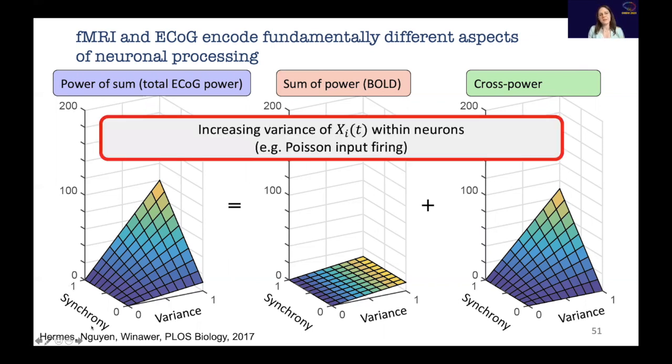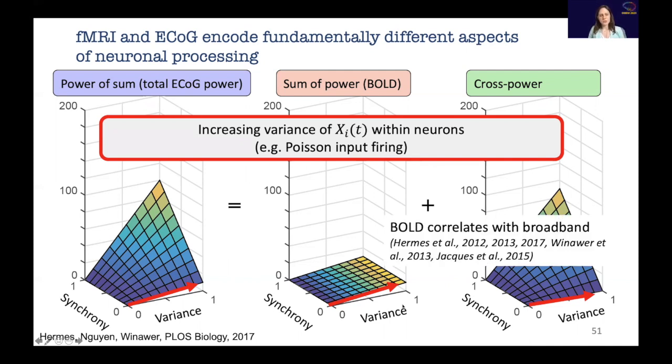So let's first consider the example that I showed before in a one-dimensional plane, in a two-dimensional plane, where we increase the variance within neurons. You can see that in this case, because this is just increasing variance and we're not traveling in the direction of synchrony, these two are well correlated.